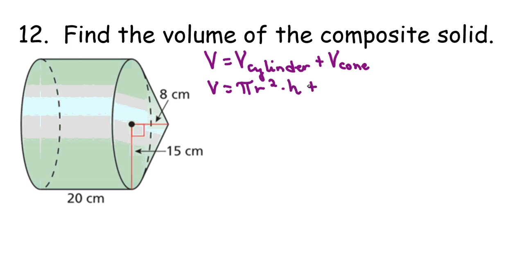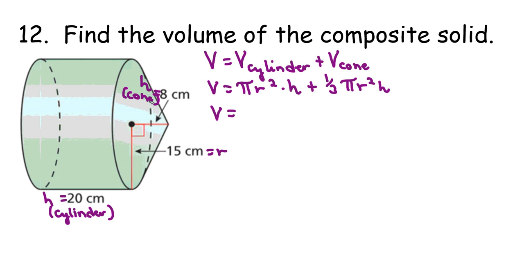The volume of the cone would be 1/3 area of the base times the height, so 1/3 pi r squared times h. Okay, let's see if we can fill in some values. The radius, the 15 that I see for the radius, that would be the radius for both the cylinder and the cone. The 20 I see along the side of the cylinder, that would be the height of the cylinder. The 8 that I see up within the cone would be the height for the cone.